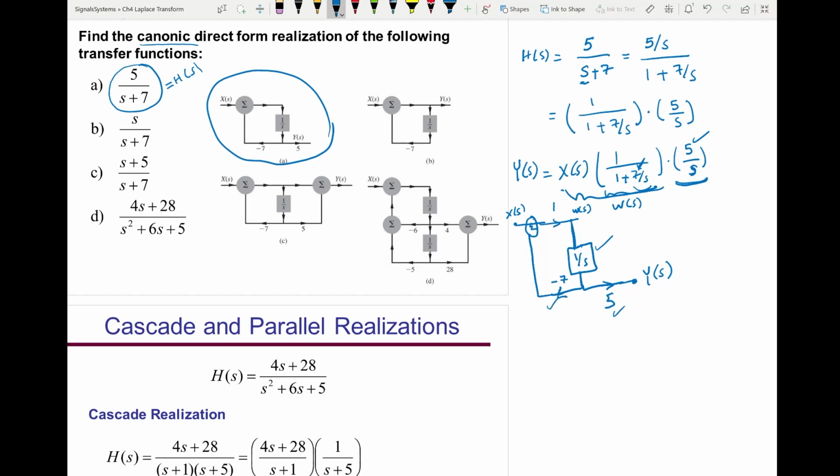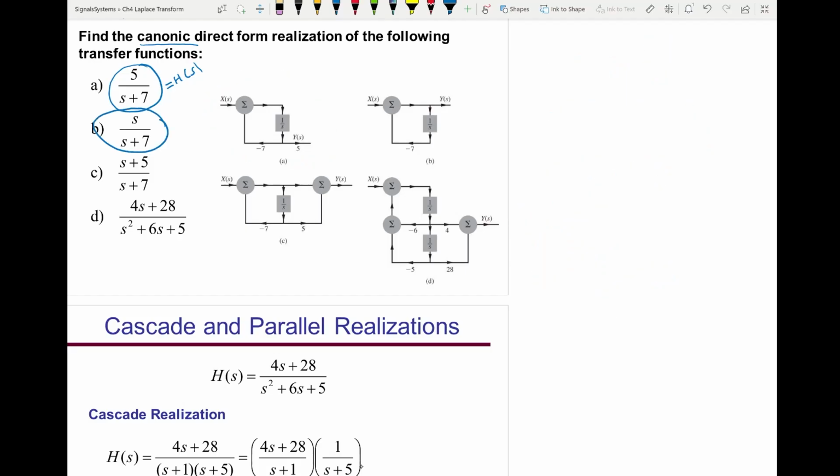Okay, let's do the second one here. Again, I can express this h of s. I will divide numerator and denominator by s. So this will be 1. S divided by s is 1. And this will be 1 plus 7 over s. I can express this y of s equals x of s. Now this is just a negative feedback subsystem.